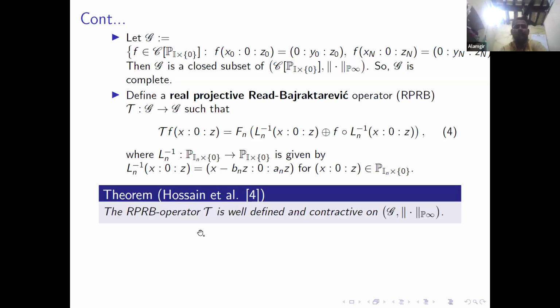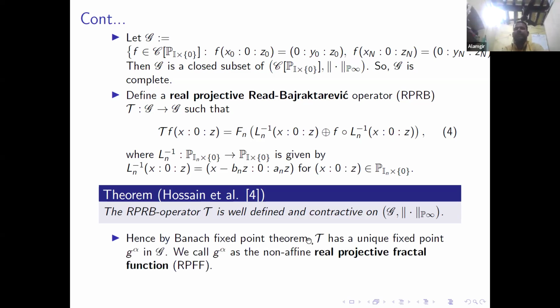Then we have proved that this operator T is well defined and contractive on the complete metric space. Hence, by the Banach fixed point theorem, T has a unique fixed point, denoted by G_alpha in C, and G_alpha is now known as a non-affine real positive fractal function, or RPFF.